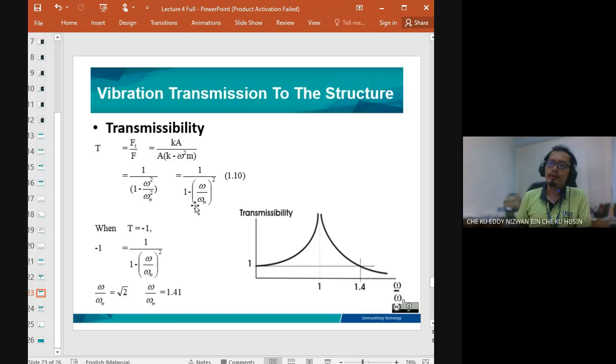We want to make it minimum, so even if it produces high forces during operation, the amount transmitted to the body is less than that. This is something you can consider to control the vibration.